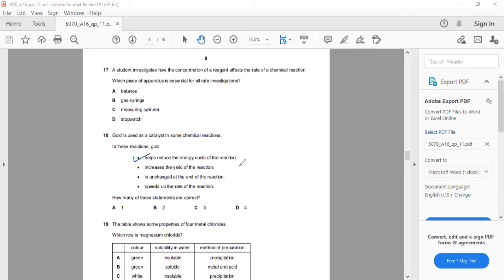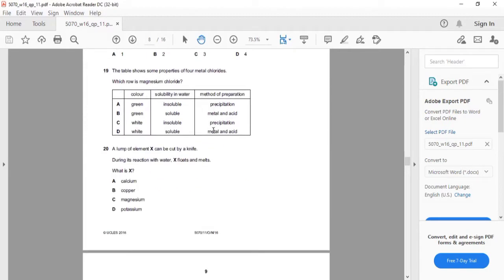Energy yield? No, a catalyst does not change the yield. Is it unchanged at the end of the reaction? Yes. Speeds the reaction? Yes. One, two, three are correct. Three things are correct. Catalyst does not change the yield. Yield means amount of product.